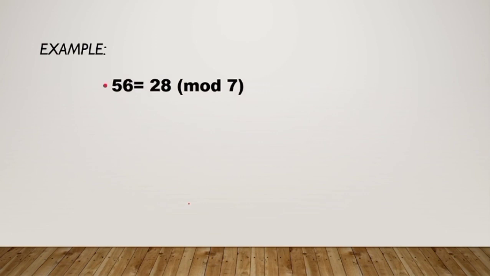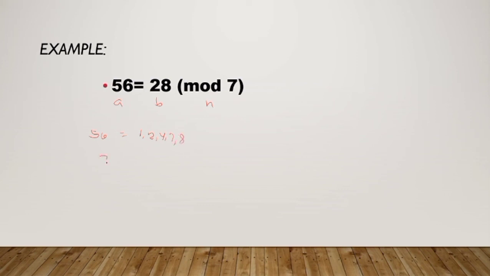Example number 2. 56x is equal to 28 mod 7. Like in the last example, we need to find the GCD of a and n. A, b, and n. So the factors of 56 are 1, 2, 4, 7, and 8.